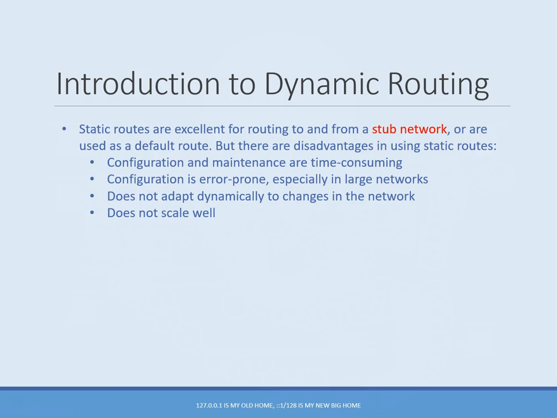Data on a stub network is destined to an endpoint located on that network. So the network traffic on a stub network is local; it does not travel off the internal network. So for this type of network, the static routes are excellent.